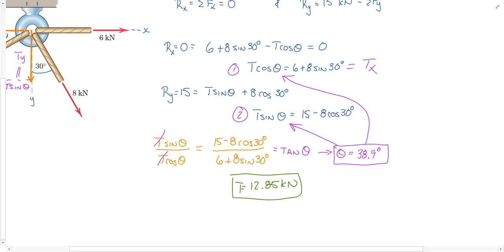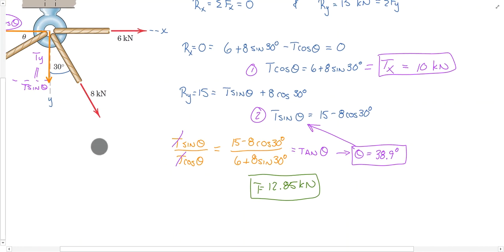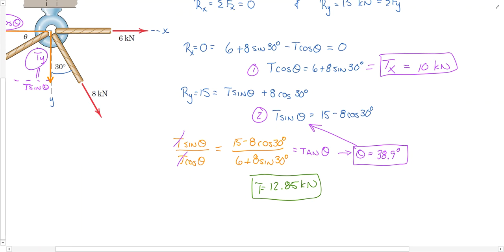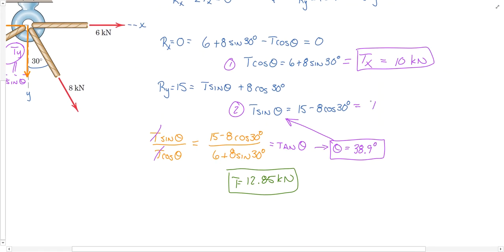That number would come out to be 10 kilonewtons. And then here, where I have my T sine theta, I could have plugged in Ty, and Ty is equal, in this case, to 8.07 kilonewtons.